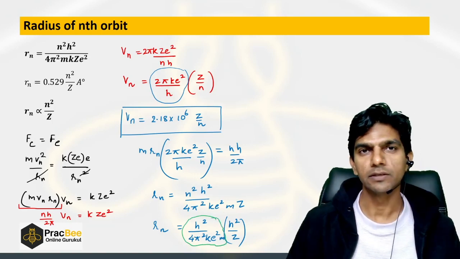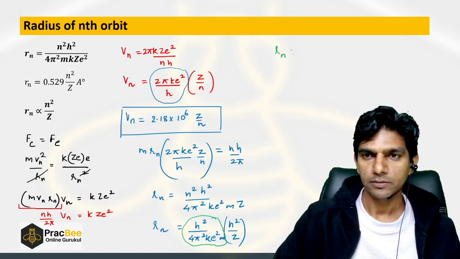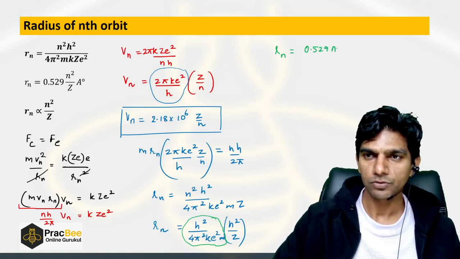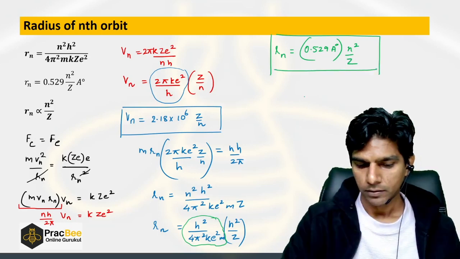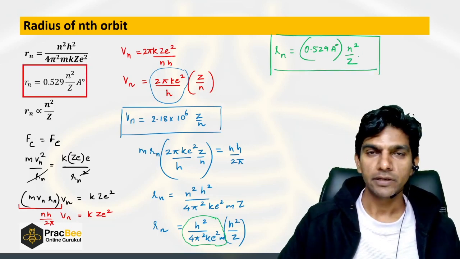If we simplify this, we get the radius of the nth orbit as 0.529 angstrom times n square by Z. So do remember this formula.